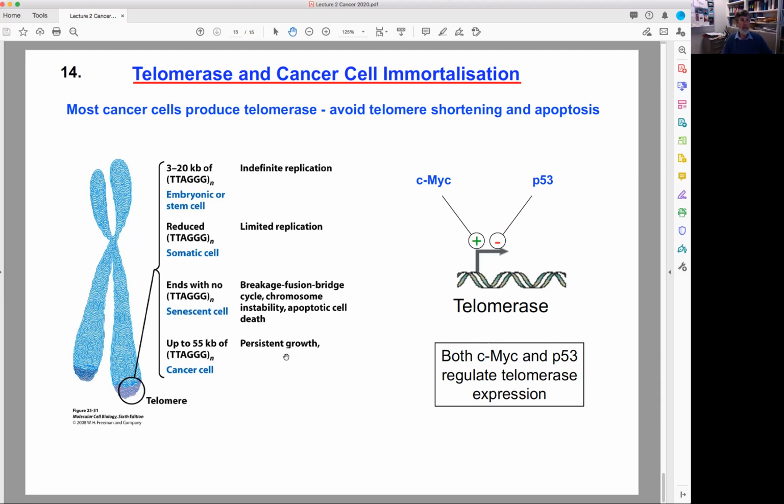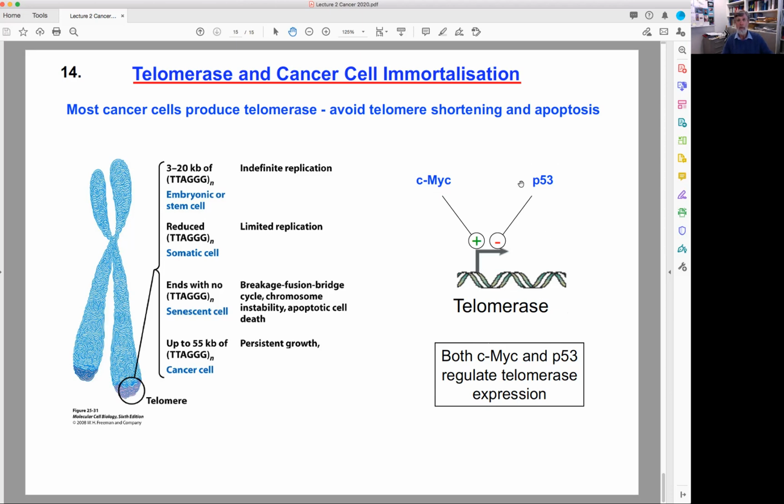So what regulates the expression of telomerase? Well, it's perhaps not too surprising in terms of other things we've covered already in today's lecture. We have c-Myc, again upregulated in many cancers, as we saw, as a positive regulator of telomerase gene expression. So with unregulated c-Myc, you also get increased telomerase activity in the cell.